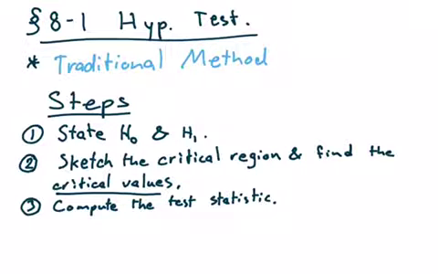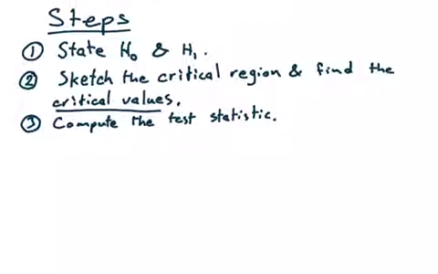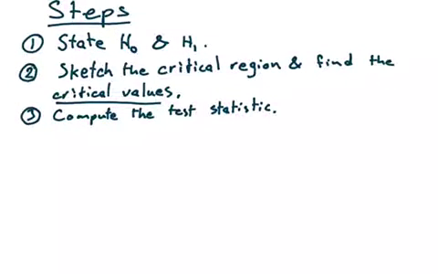All right. Based on what our test statistic is and where that falls within our sketch of the critical region, what side of the critical value it is on, we're going to use that information in order to make the decision.